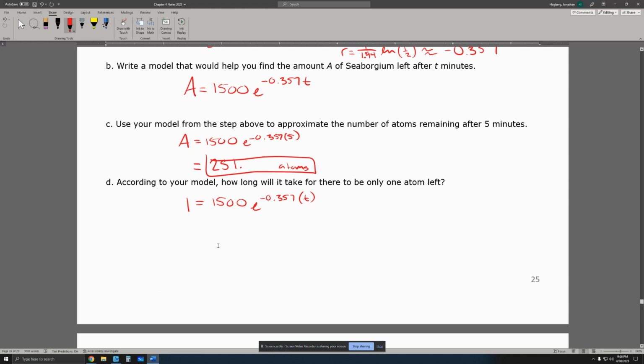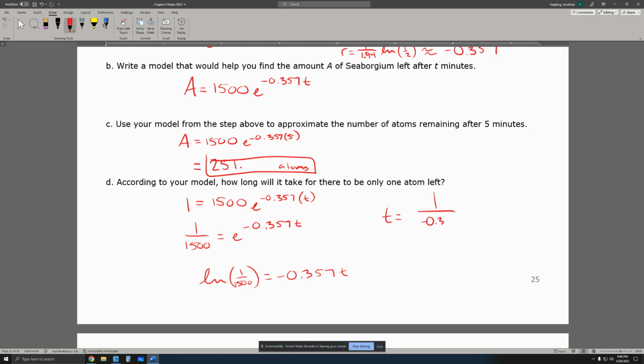Dividing both sides by 1,500, we get 1 over 1,500 equals e to the negative 0.357t. And then taking the natural log of both sides, we get the natural log of 1/1500 is equal to negative 0.357 t. So t is equal to 1 over negative 0.357 natural log of 1/1500.